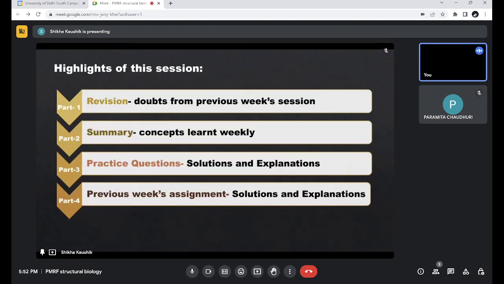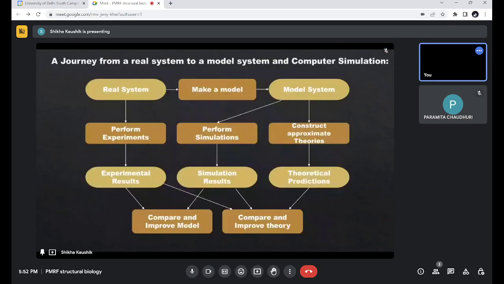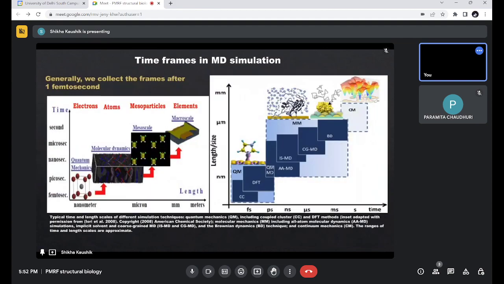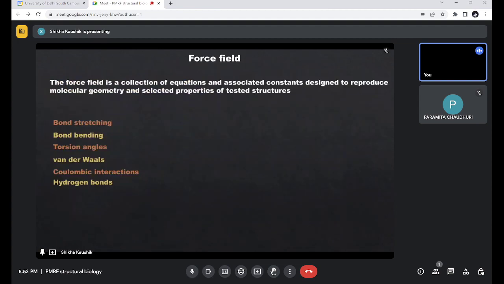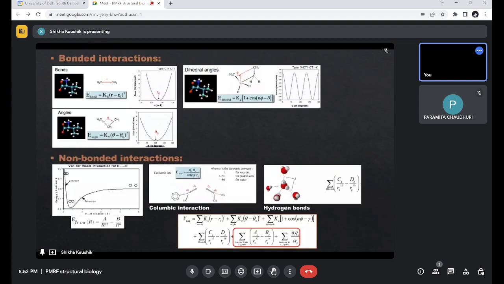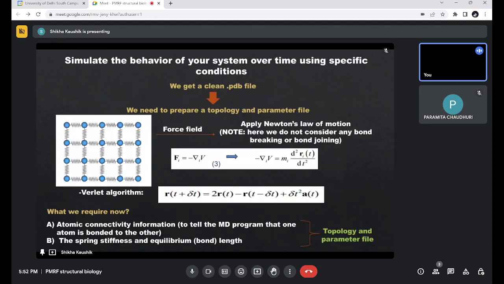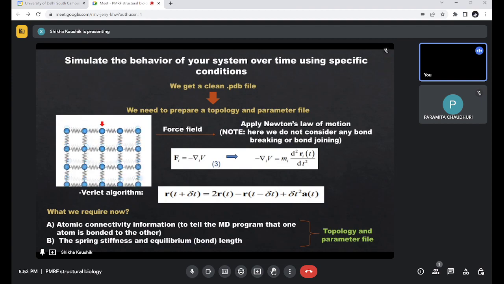So yeah, I was talking about the changes happening at the atomic level, at the bond level, where we are observing these changes. As I mentioned, there are some bonding or non-bonding interactions, and we have to understand all of them. If you visualize a protein, it is not that every part of the protein is interacting.